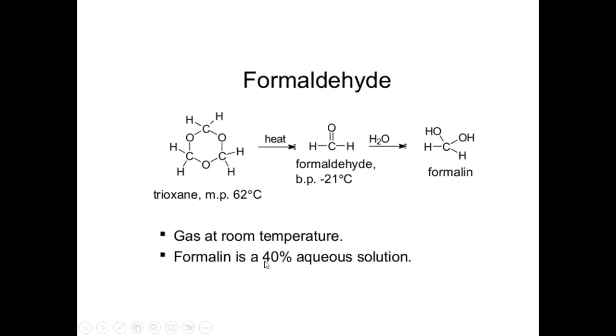And formaldehyde: it comes from, for example, trioxane. When heated it produces formaldehyde, and further in the presence of water it becomes formalin. This formaldehyde is a gas at room temperature, but when you add water, it becomes formalin, which is a 40% aqueous solution.